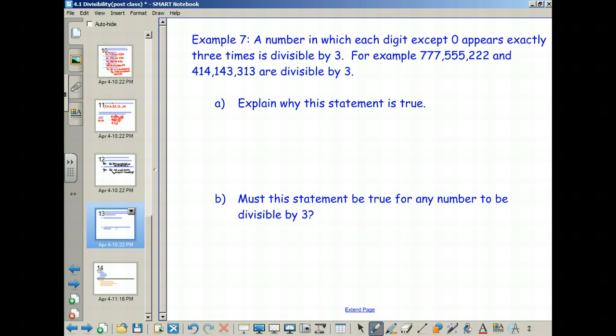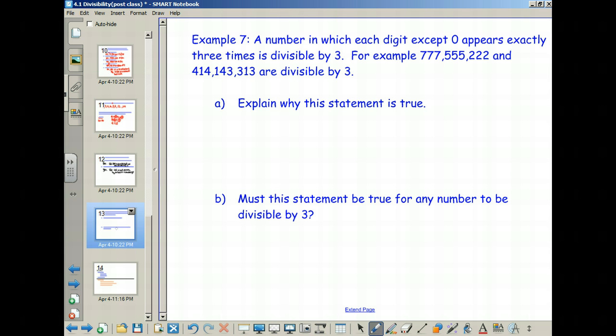So in the second case, there was 4 1 4 1 4 3 3 1 3, but there's 3 1s, 3 3s, and 3 4s. Okay? So it is a true fact that if you've got them in these groups, if there's 3 items there of every number, and again, 0 can work or not work, doesn't matter, if that property holds, then this number will be divisible by 3. The first says, for A, explain why this statement is true.